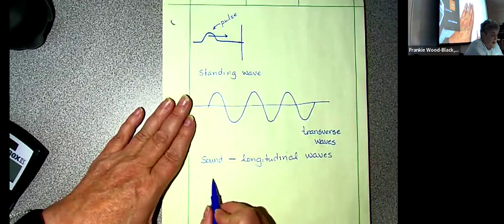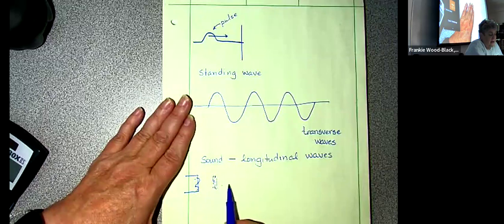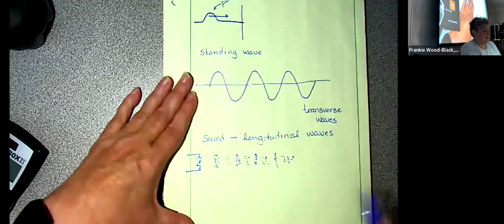And what's going to happen there is, if you think of a speaker, as my speaker moves, I get this pulse, and I am going to get a dense section of wave, and then a light section of wave, and then a dense section, and a light section, alternating.